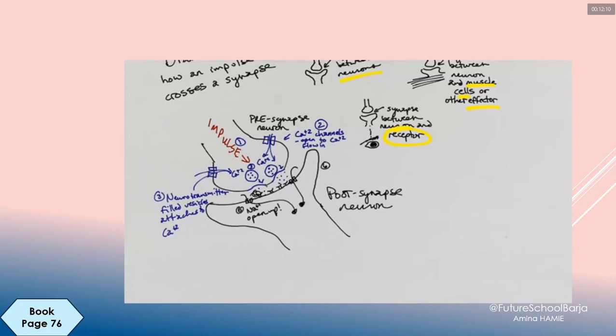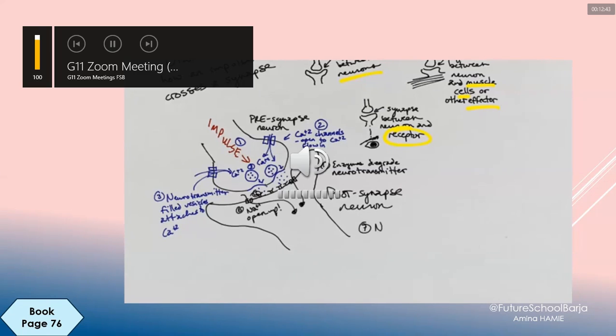Number 6 is that there are enzymes that sit inside of the synapse, the gap in between the neurons, and those degrade or break down the neurotransmitters so that the signal doesn't keep going. Those neurotransmitters get reabsorbed. Neurotransmitters get reabsorbed by the presynaptic neuron.